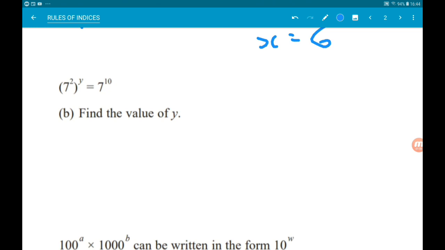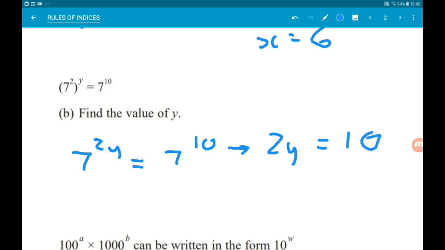So, powers separated by a bracket, multiply, so we get 7 to the 2y is equal to 7 to the power 10. So, 2y must equal 10. So, y is 5.